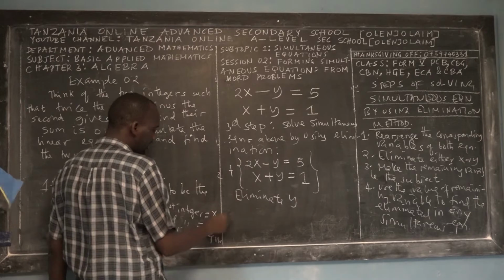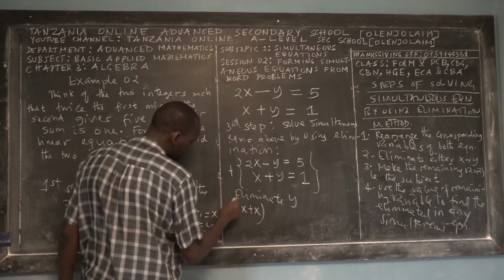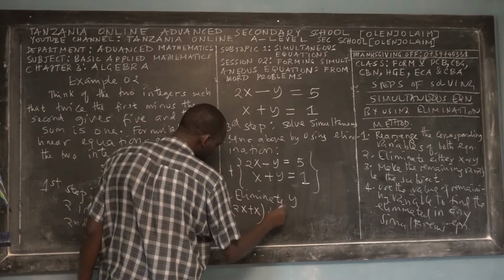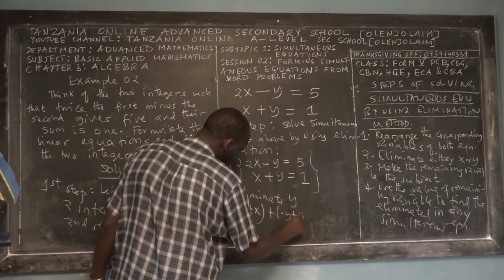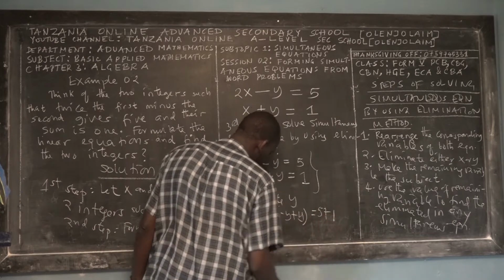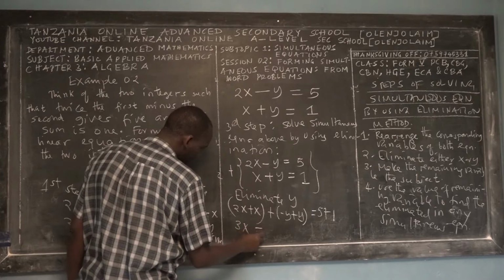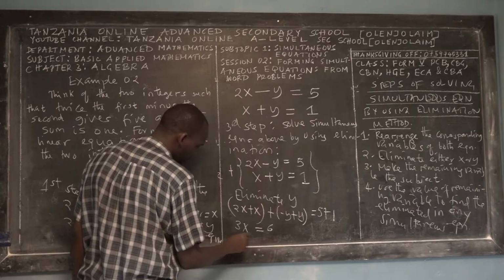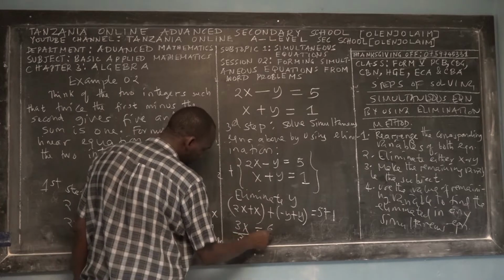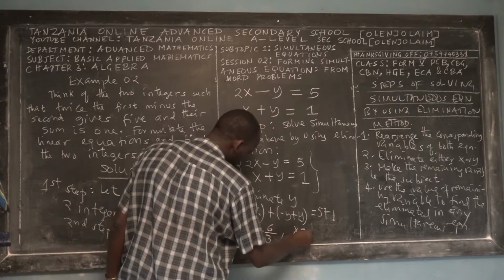On the left-hand side, we have 2x plus x, and negative y plus y, which is equal to 0. And this is equal to 5 plus 1. So 2x plus x is 3x, and this is equal to 6. Make x the subject, divide by 3, then x is equal to 2.